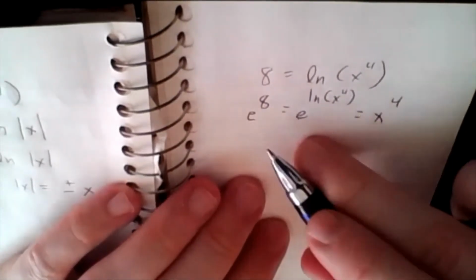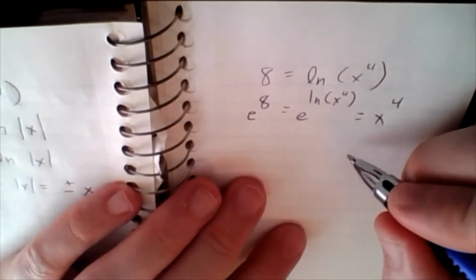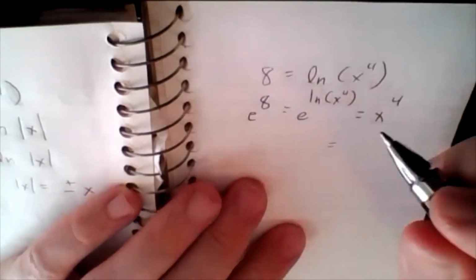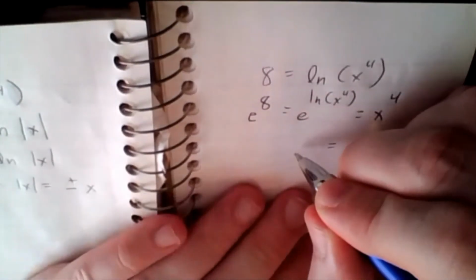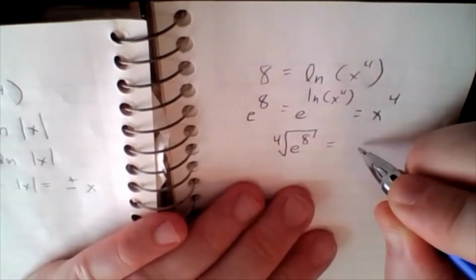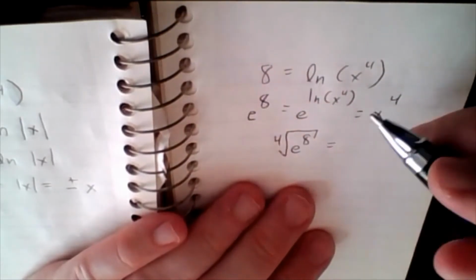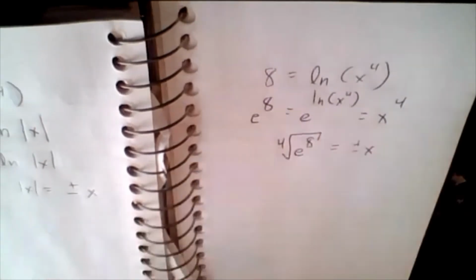I don't get completely out of the water yet, because I need to take the fourth root. And just like I was saying on this side of the paper, sure, I can write x is equal to the fourth root of e to the 8, but because this is an even power, it could be plus or minus x as the solution.